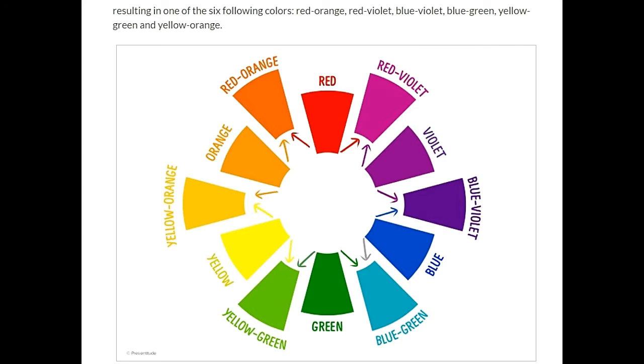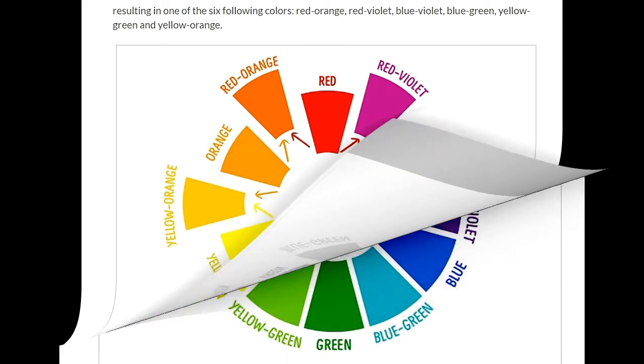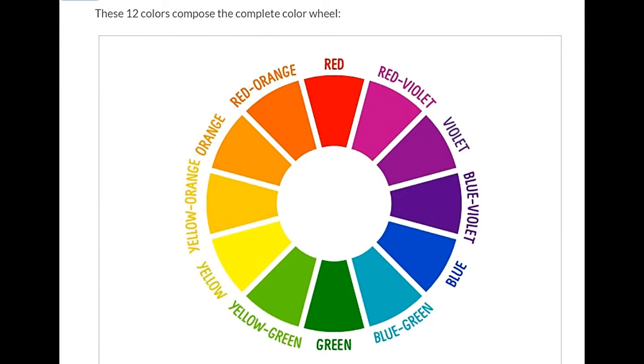So all in all, we have 12 colors in our color wheel because of the presence of the primary, secondary, and tertiary colors. So here are the complete colors in your color wheel, the 12 colors present in your color wheel.